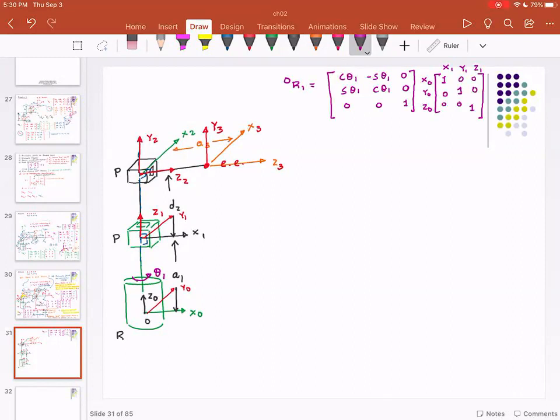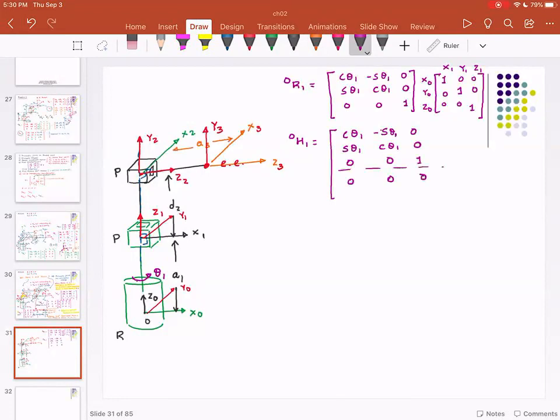So I would go ahead and quickly write down my homogeneous transformation matrix: cosine theta 1, minus sine theta 1, 0, sine theta 1, cosine theta 1, 0, 0, 0, 1, 0, 0, 0.